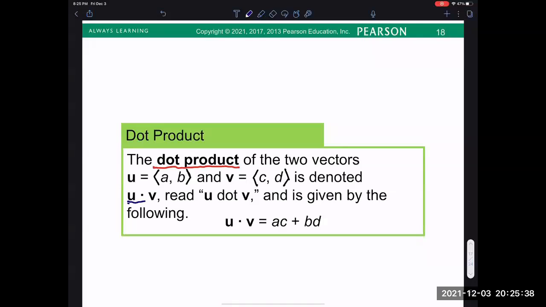They have u dot v with a thick dot there. Sometimes it's written as u dot v with a big dot or a square dot, and it's read u dot v, and is given by the following.